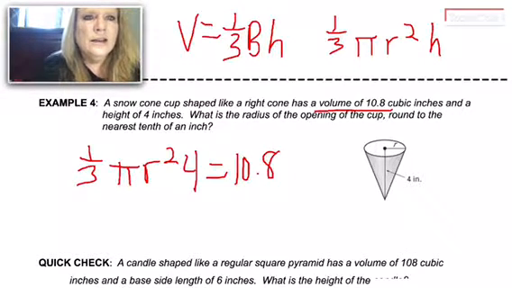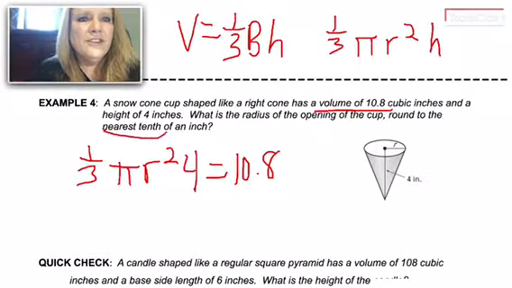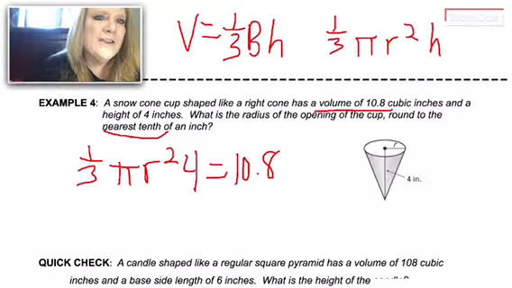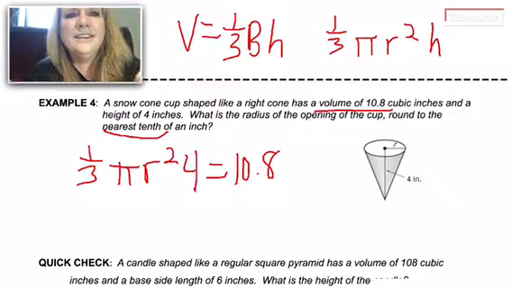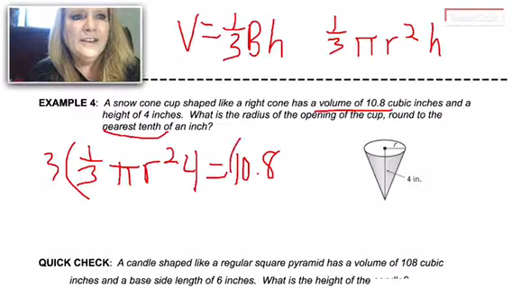Okay, so they tell me to the nearest 1/10 of an inch. That means I can go ahead and put pi into my calculator. Personally, I like to get rid of these fractions, so I like to multiply both sides by 3, not to deal with a fraction.